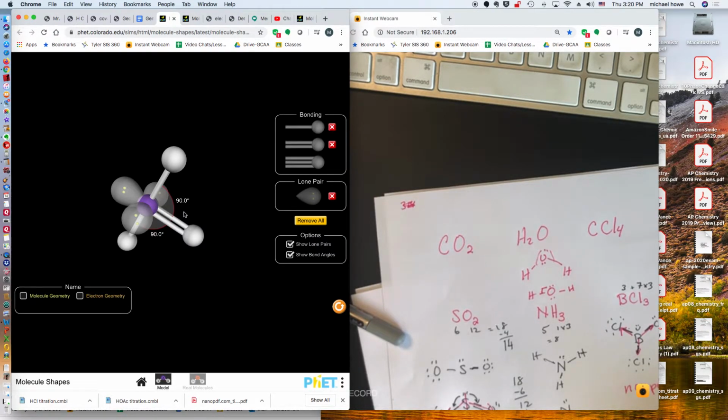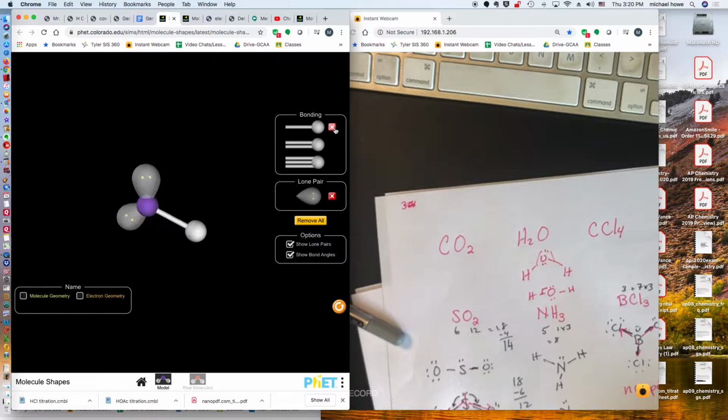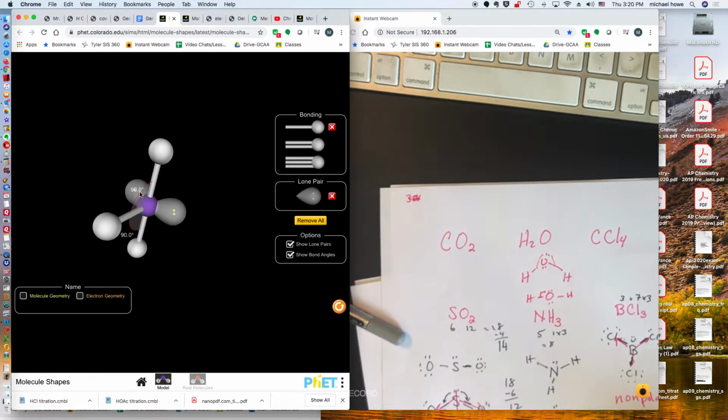So those are about 90 at that point. And then if I take another lone pair out and put another atom in. Let's take this one out and put in a couple of these. Oops, put in that one and that one. So now recalculate, that's where we were.